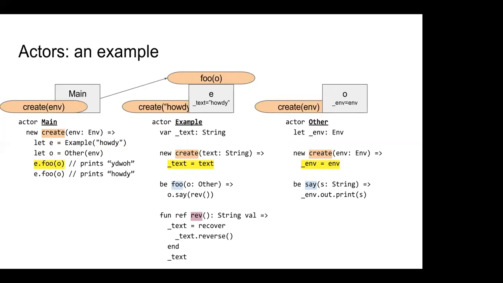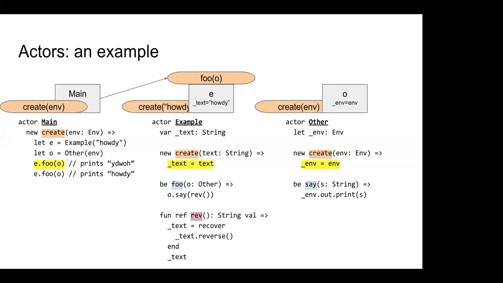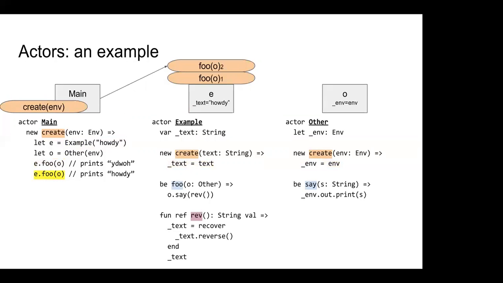And the other object has also started processing its create message, and it sets its underscore environment variable to env. Now foo is going to send another message to the example object, and this is the next foo message that it needs to get.